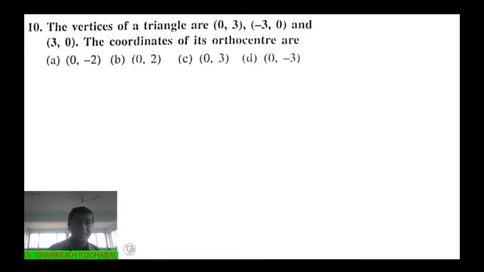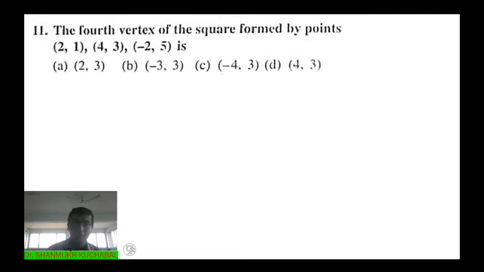Example number 10. The vertices of a triangle are 0, 3, minus 3, 0 and 3, 0. The coordinates of its orthocenter are... you have to find the orthocenter. That must be a right angle triangle. Excuse me. So first we'll write these points.